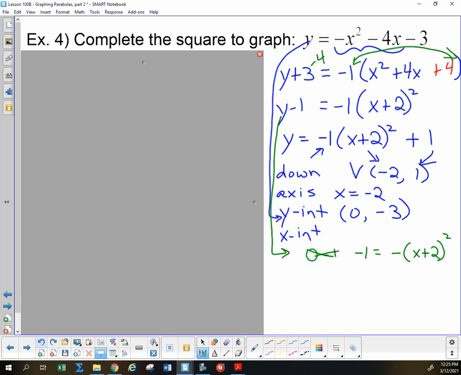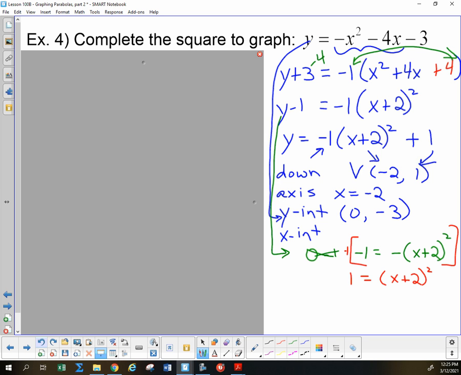When you have a minus in there, the easiest thing to do before you try to take square roots is to multiply both sides by a minus 1 so that we get rid of our minus signs, and we are now looking at 1 equals x plus 2 squared.